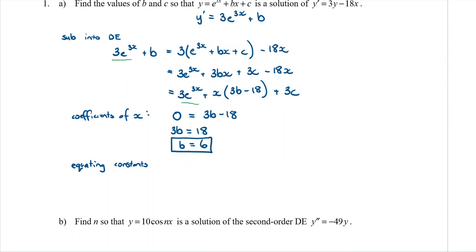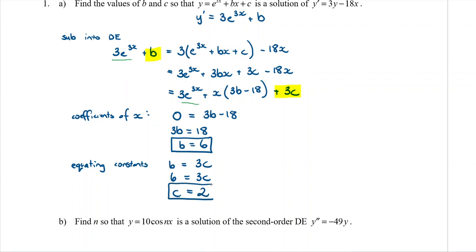The constant on the left-hand side of my equation is the b, and on the right-hand side of the equation is the 3c. So that means that b is equal to 3c. But luckily I already know what b is. 6 equals 3c, which means c is equal to 2.